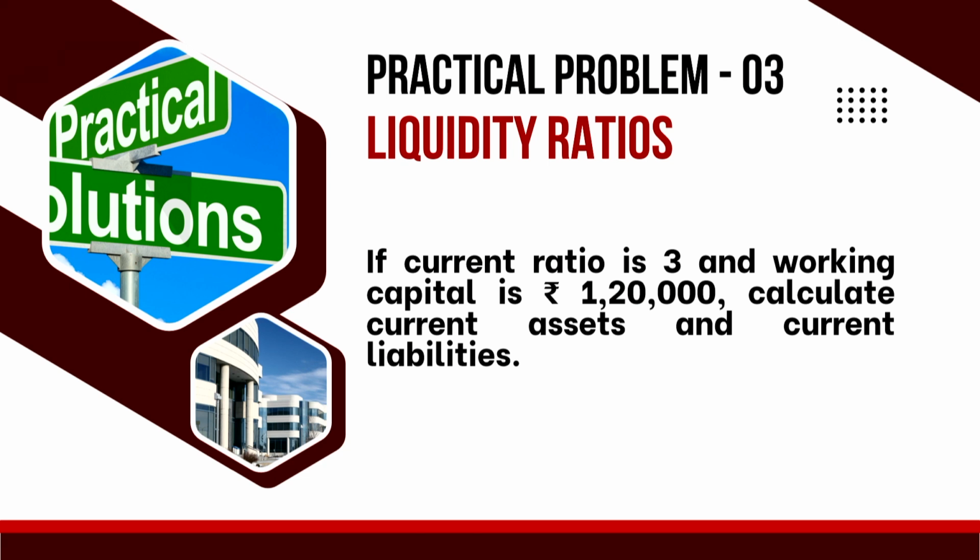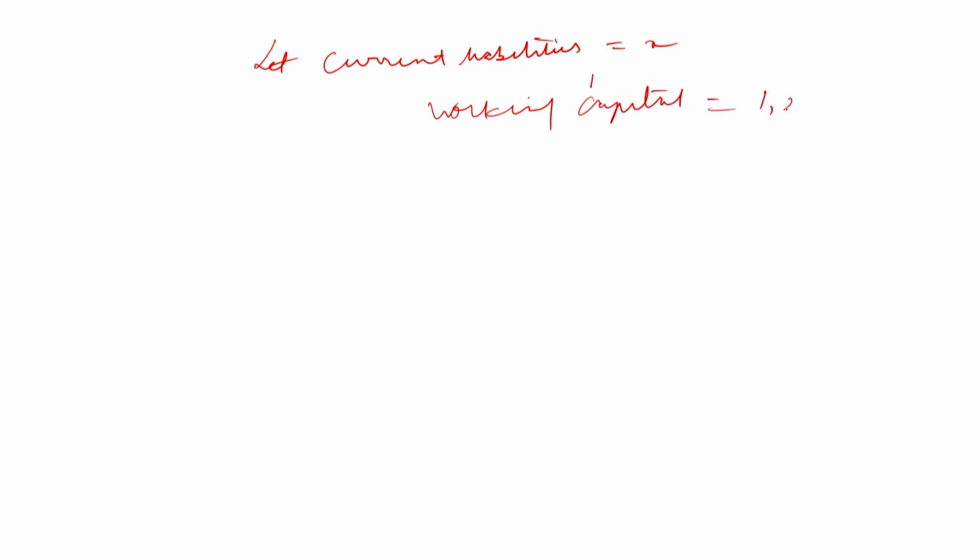In this question, first we assume the current liabilities equal to X, and given in the question, working capital equal to 1,20,000. We know very well that working capital is nothing but the difference of current assets minus current liabilities.